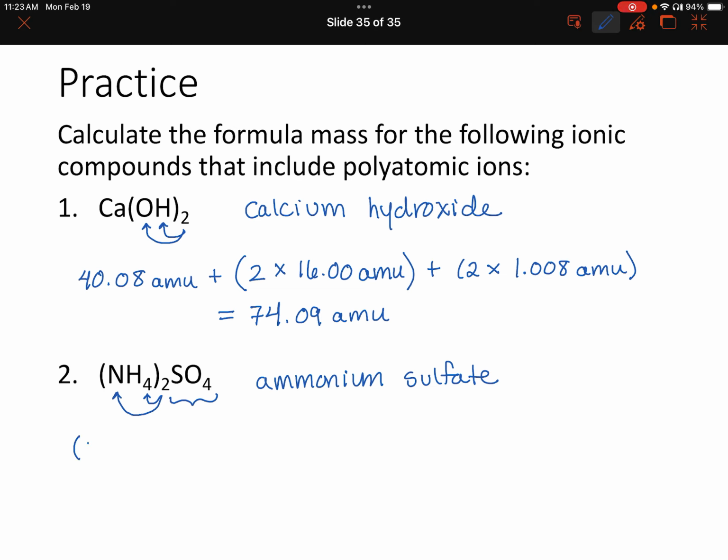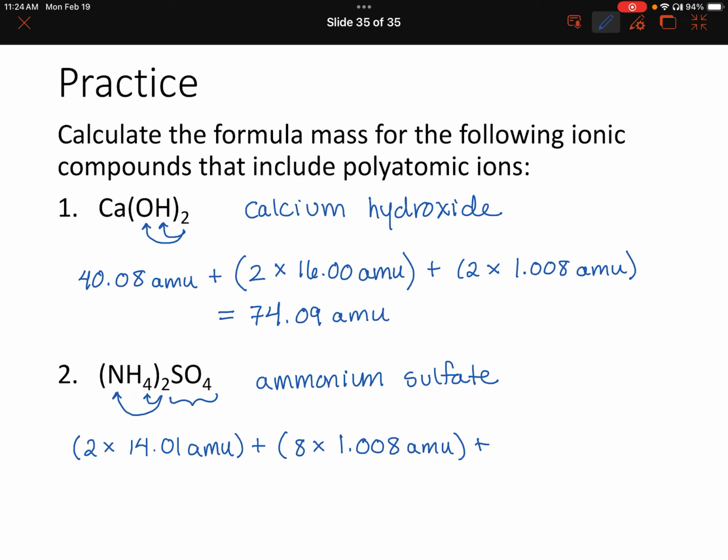Okay, so let's start there. We'll multiply the mass of nitrogen by 2. So the mass of nitrogen is 14.01. And then we'll add 8 times the mass of hydrogen, which was 1.008. And now we're getting into sulfate. There's only one sulfate polyatomic ion, so we don't need to multiply by crazy numbers here.